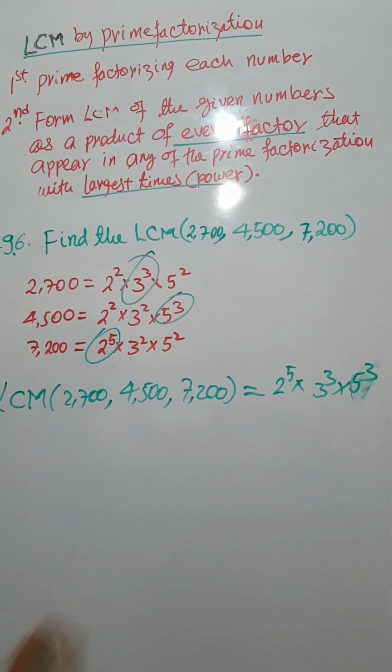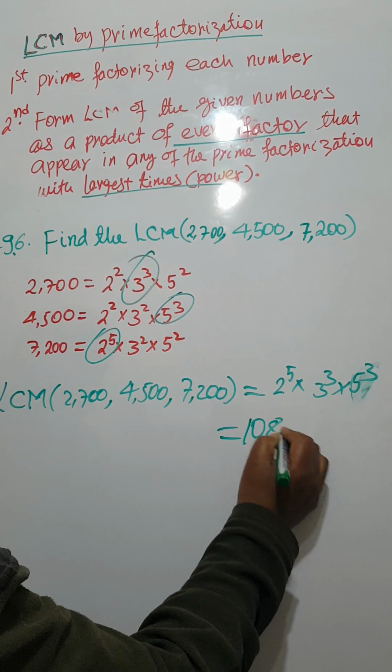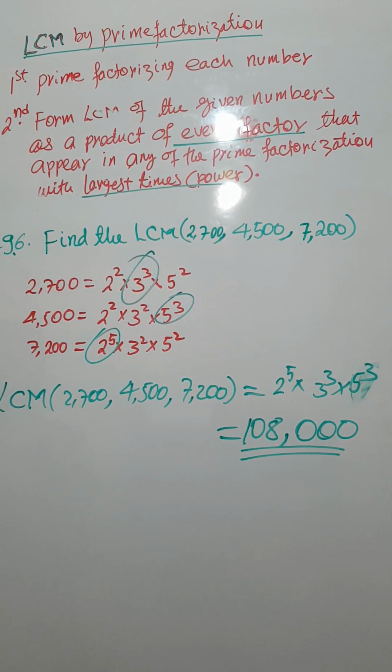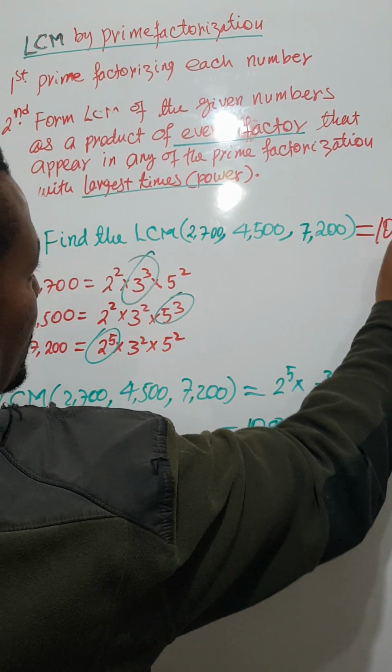This means 2 to the power of 5 is 32 times 3 to the power of 3 is 27 times 5 to the power of 3 is 125. So this is a very big number, 108,000. So the LCM of these numbers is equal to 108,000.